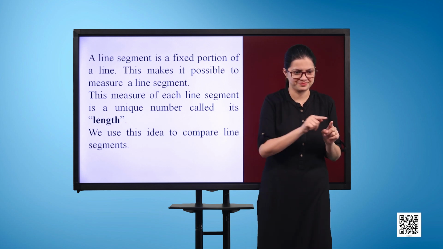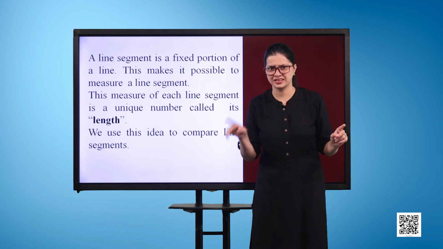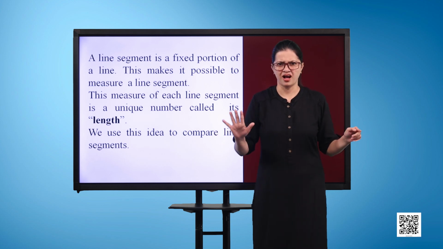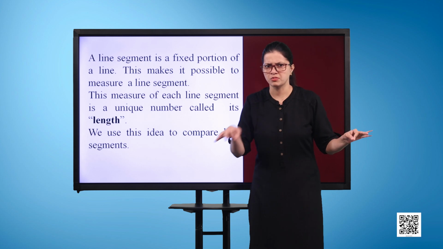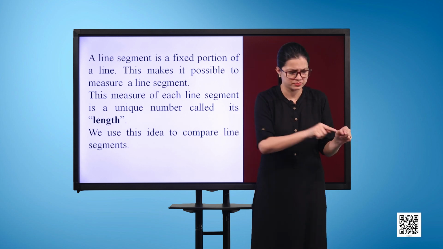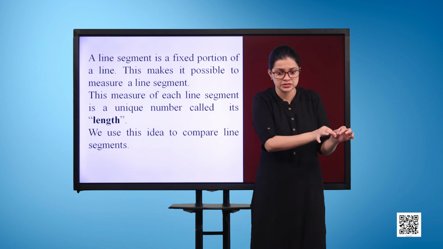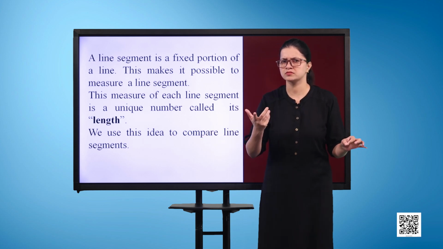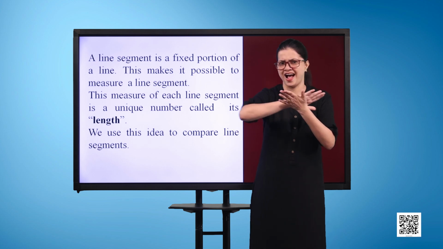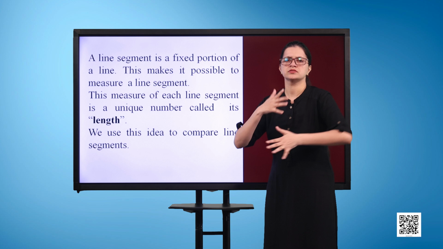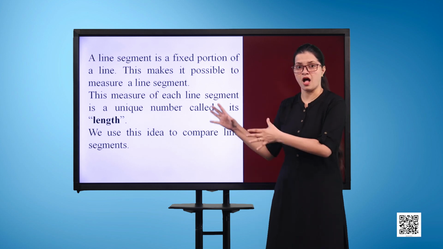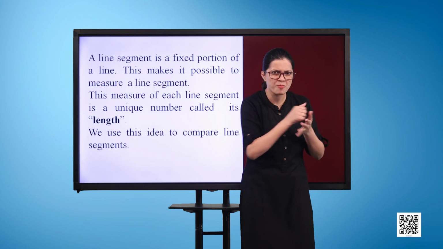A line segment is a fixed portion of a line. This makes it possible to measure a line segment. This measure of each line segment is a unique number called its length. We use this idea to compare line segments.